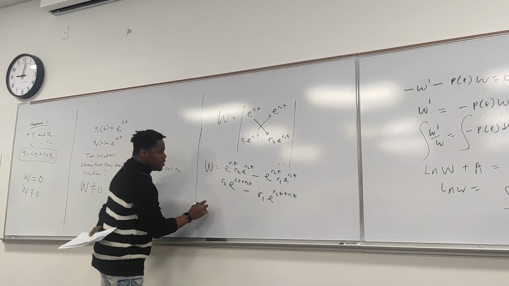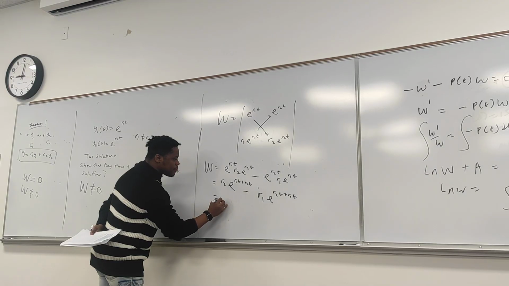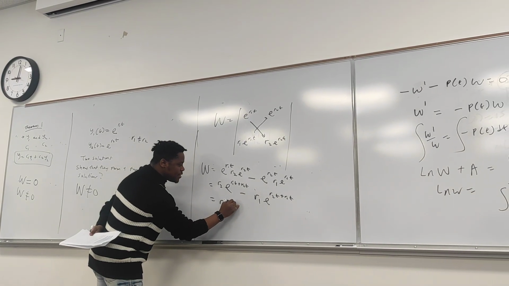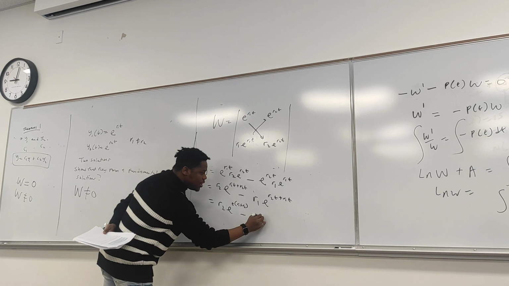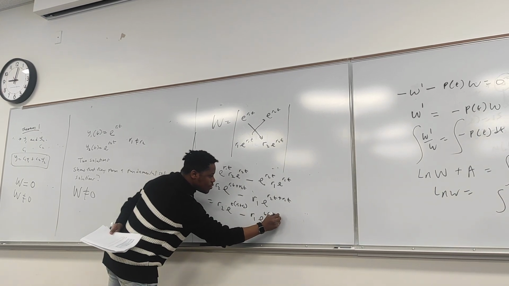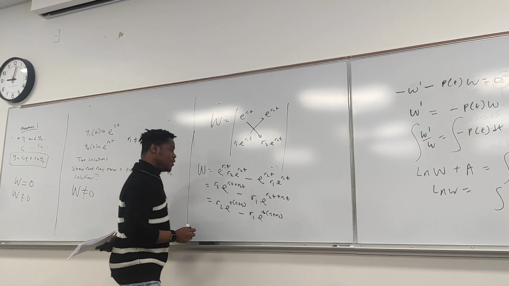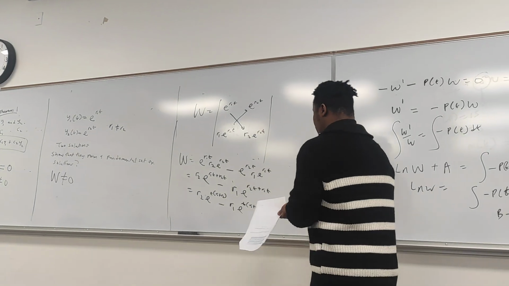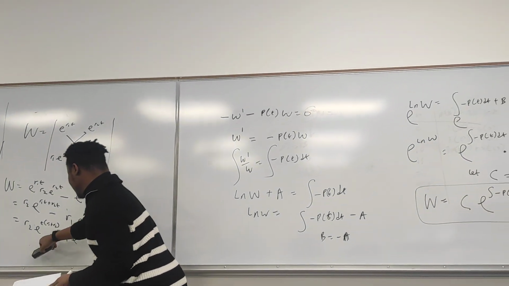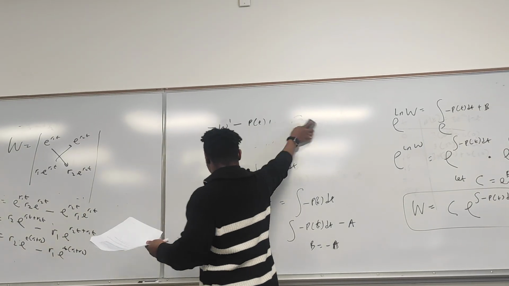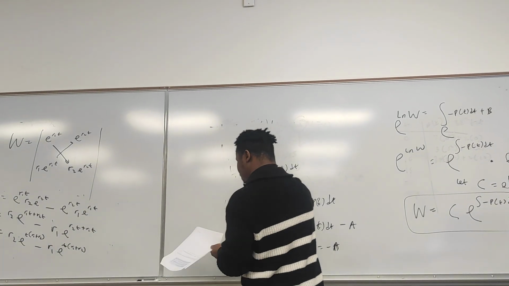So this becomes r2 e^t, where t can go out, (r1 + r2), minus r1 e^t, where t can go out, (r1 + r2). Okay? So if we bring this here, these two are the same. I want to believe they are the same, right?